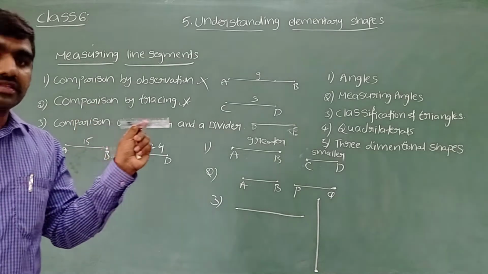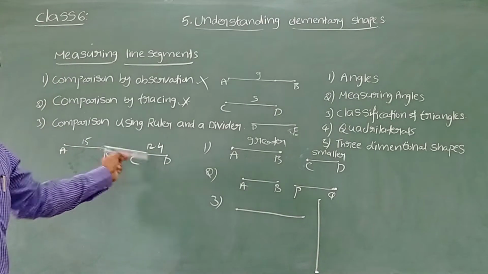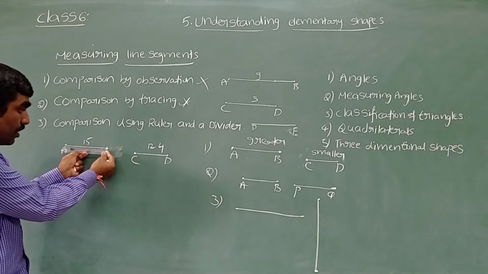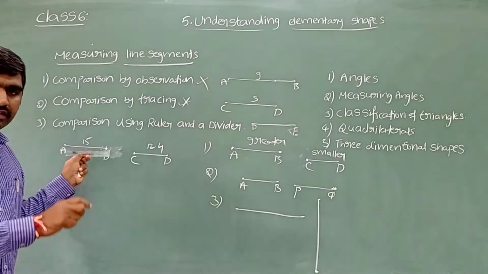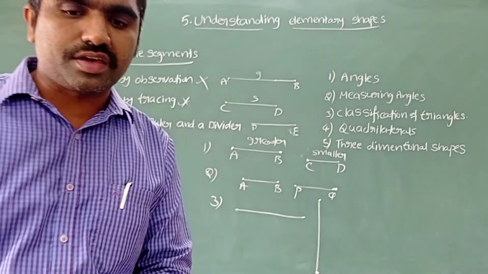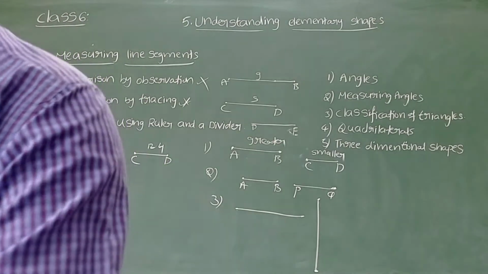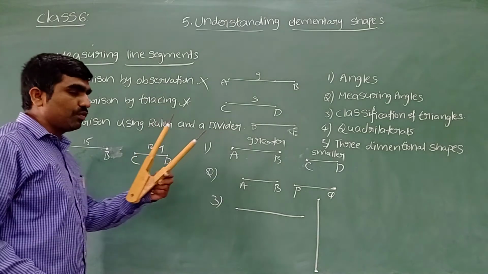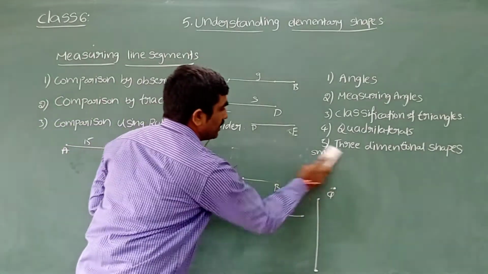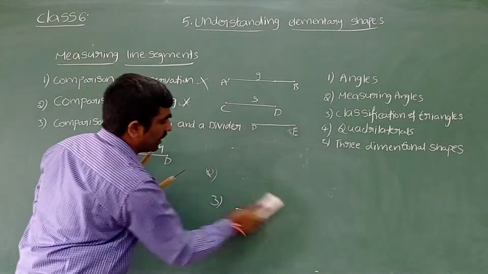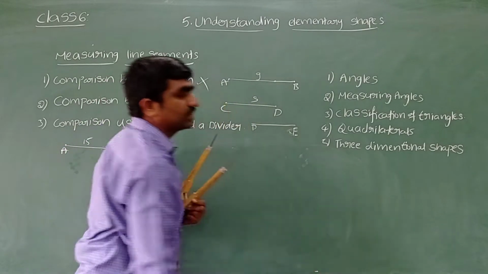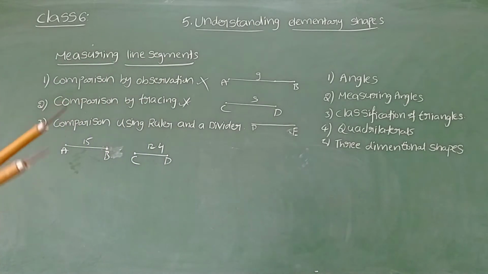So even when measuring with the scale, sometimes because of angular viewing or scale position, there may be a bit of errors. Then how can we avoid those errors? To avoid them, we can use one more instrument, which is the divider. By using this divider, we can get the accurate, exact length of the line segment.